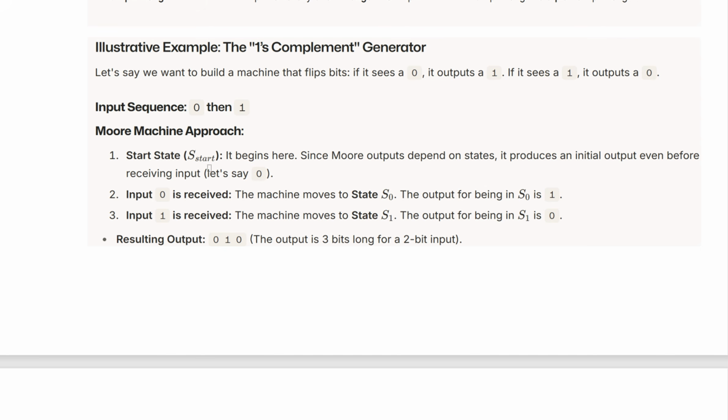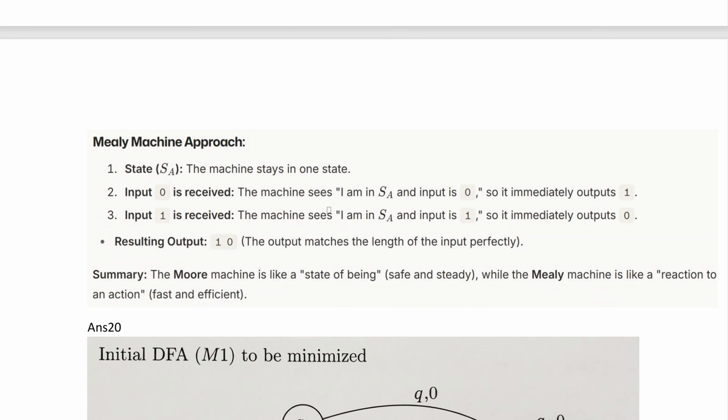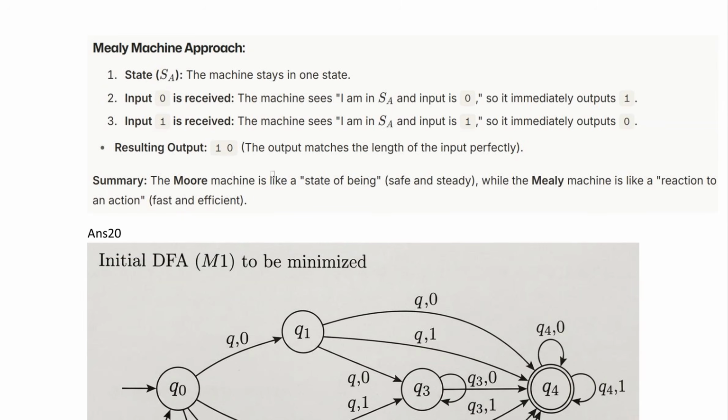So it does not depend on input. Moore machine does not depend on input. Output only depends on the current state. So this is an example for a one complement generator. You can refer to this example later on when I make you understand how to draw the Moore and Mealy machine for the given problem. You can refer to the solution later on.